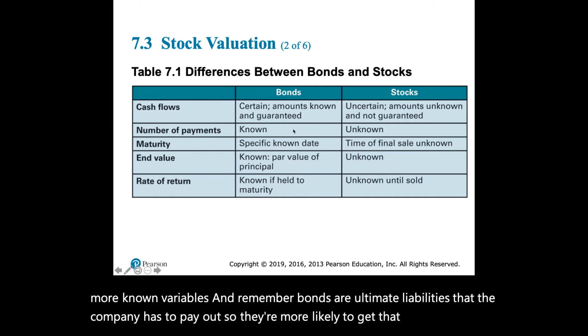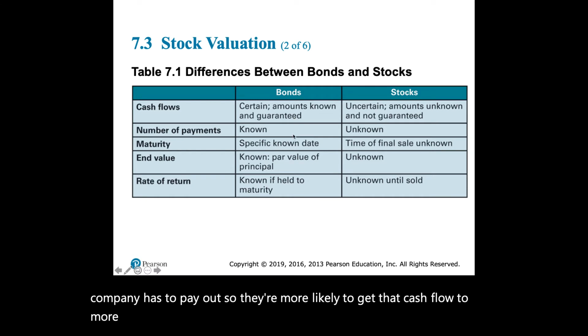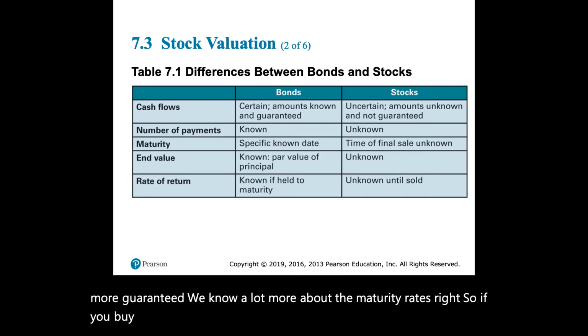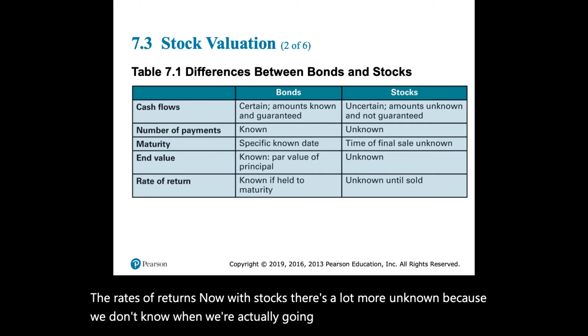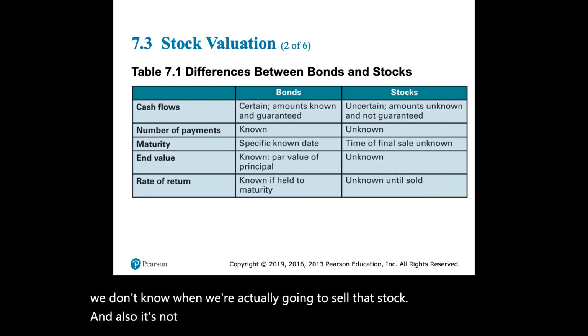We know a lot more about the maturity rates. If you buy a 10-year bond, you know the maturity rates, you know the rates of return. Now with stocks, there's a lot more unknown because we don't know when we're actually going to sell that stock. And also, it's not necessarily a liability, so we're ultimately going to be the last to be paid. So there aren't even guarantees in terms of cash flow.